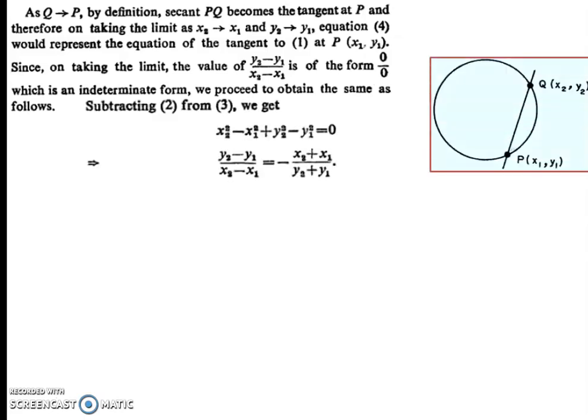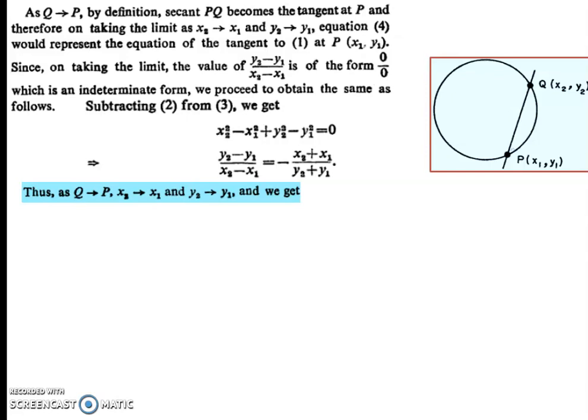We subtract the equations, x2 square minus x1 square plus y2 square minus y1 square. And on simplification, we get (y2 minus y1) over (x2 minus x1) is equal to minus (x2 plus x1) over (y2 plus y1).